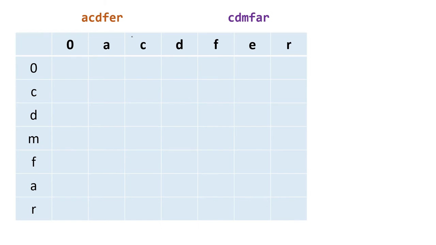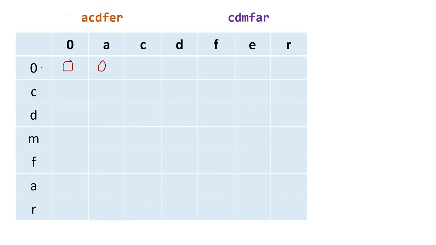So here we are checking: if both string lengths are 0, how much portion is matching? Obviously it is 0, right? No matching character. Now if my first string has A and the other string is empty, how much portion is matching? That is also 0. Now in this cell, one string is AC and the other string is empty, meaning nothing.